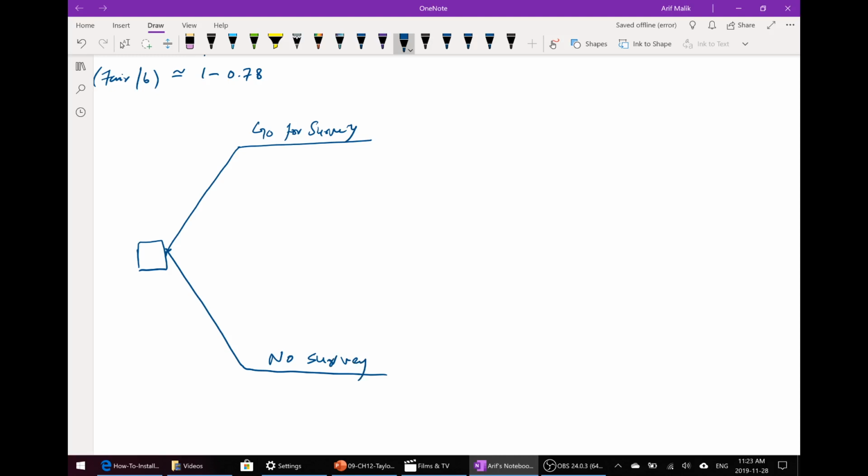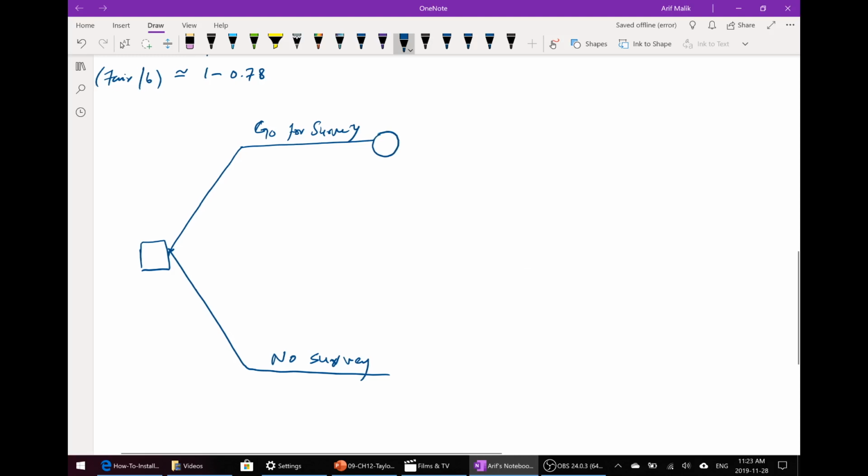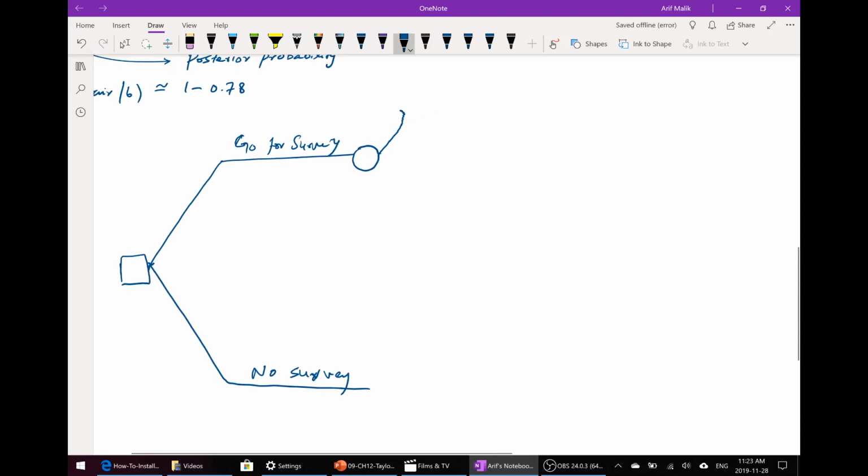Now we will assume that the consultants are asking for $1,000 for making this report. Then we have two states of nature: one is that the report is positive, and here we have, let's say, negative report.